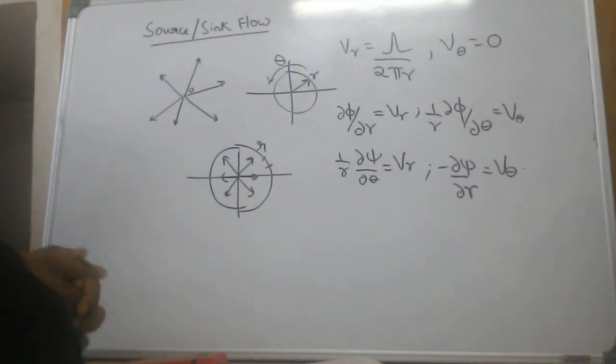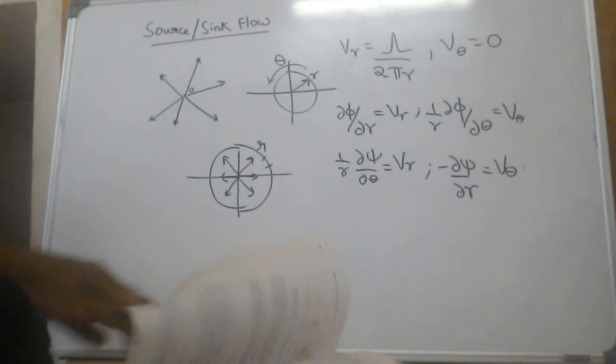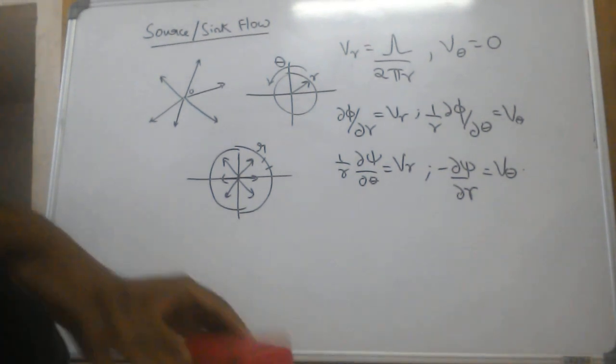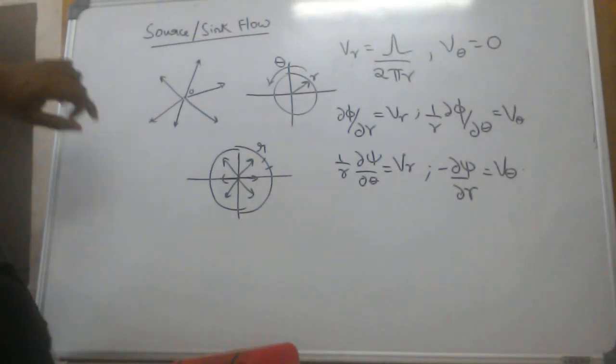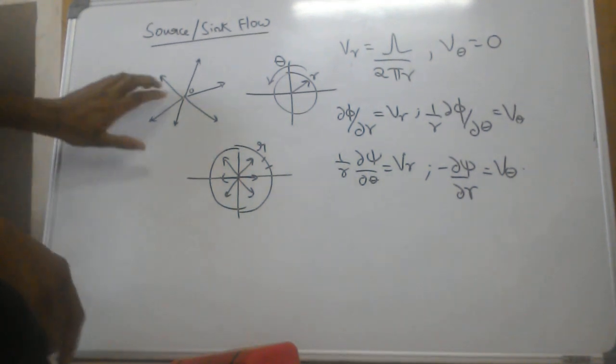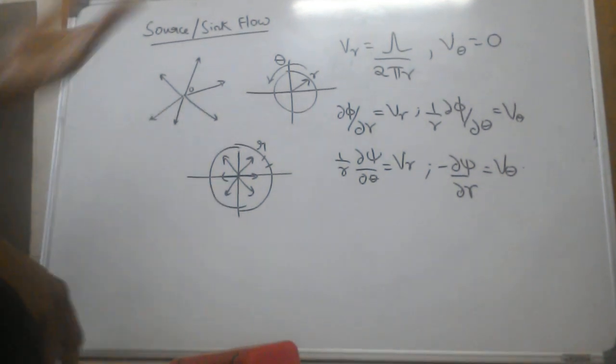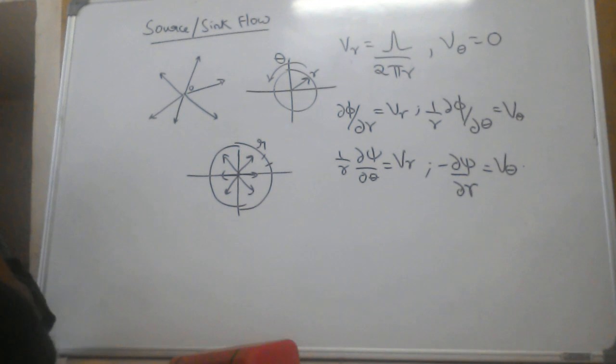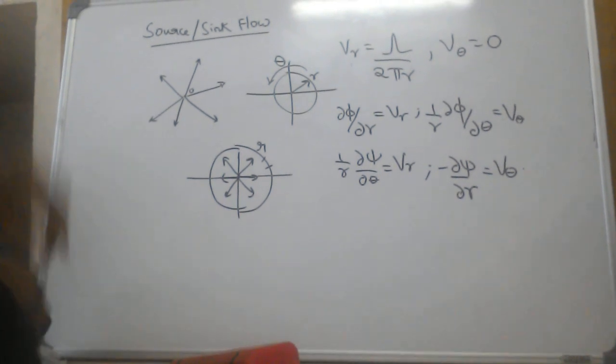One point that I would like to note at this juncture is that the source flow does not obey the continuity equation at the origin. You can verify this mathematically by finding the divergence of velocity at the origin.